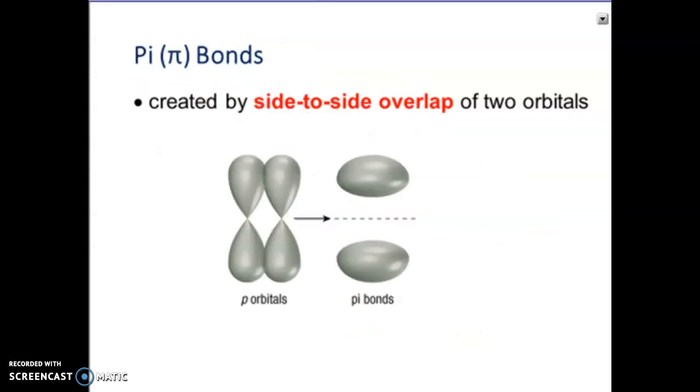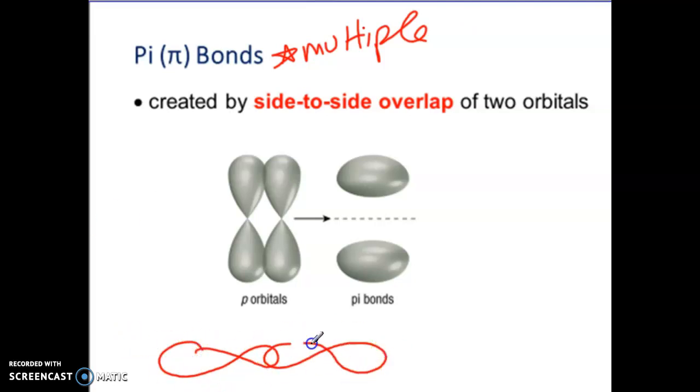Okay, but there is a new type of bond that we are going to look at called pi bonds. These bonds only exist in multiple bonds. So we're talking about double bonds or triple bonds. Okay, so what is the difference between a pi bond and a sigma bond? So a sigma bond is an end-to-end overlap. So notice the p orbitals are overlapping each other at this point.